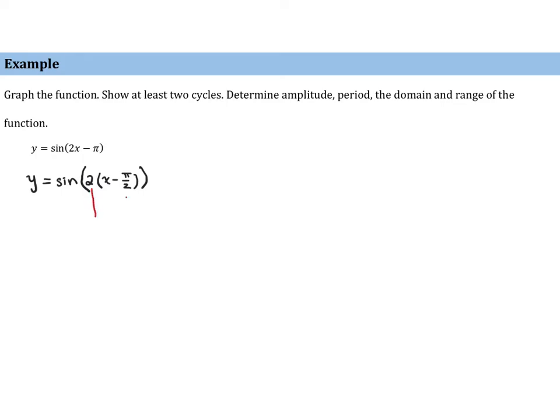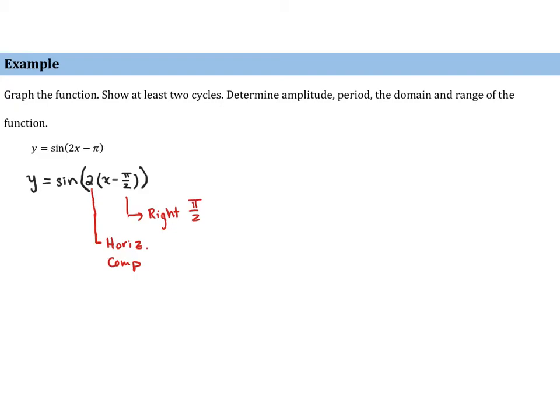So we have two things going on here. We have a 2, and then we have this pi over 2. This pi over 2 is a shift to the right, pi over 2 units. The 2 is a horizontal compression, which will affect the period.